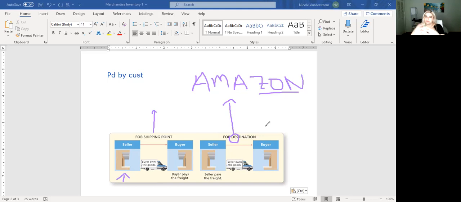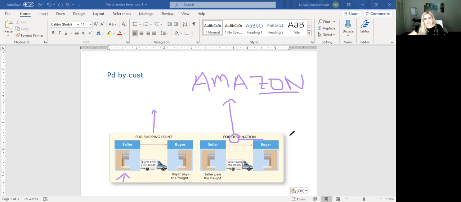If you don't receive the goods, you're able to write to Amazon and say, hey, I didn't receive my goods, reship it or give me a refund. The way I remember it is that I am destined to shop at Amazon. I love shopping at Amazon, and that's how I remember my example. So FOB destination will be like the Amazon.